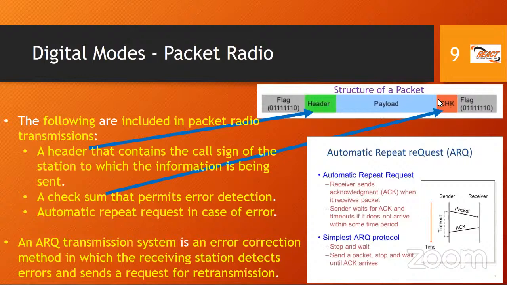So we need to learn that the checksum at the end allows us to detect whether we have any errors inside of there. So that's error detection. And of course, there's another concept with packets that we need to learn called ARQ, or automatic repeat request. What that does is, in case there's an error, it will resend the packet.